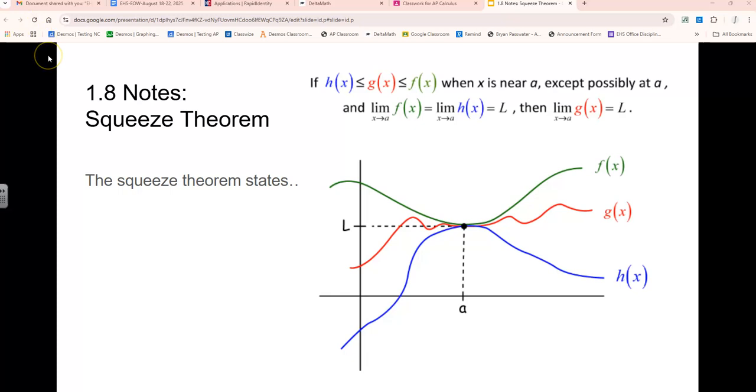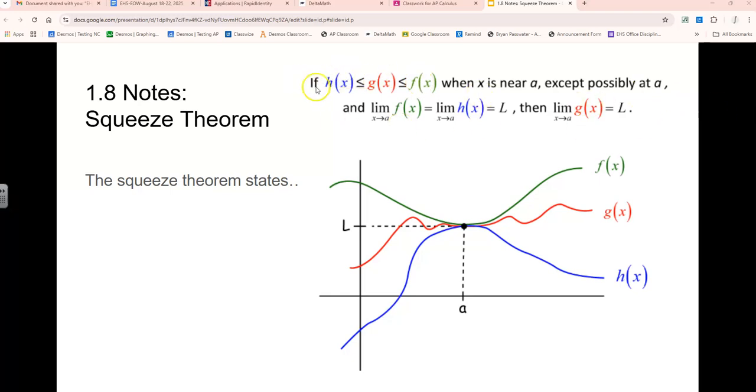So the squeeze theorem states that if you have three functions, this is not going to help you very much. So mine is color-coded here, which makes it much easier to tell what it's talking about. If you have highlighters or colored pens or something and want to color code yours, it might be helpful.